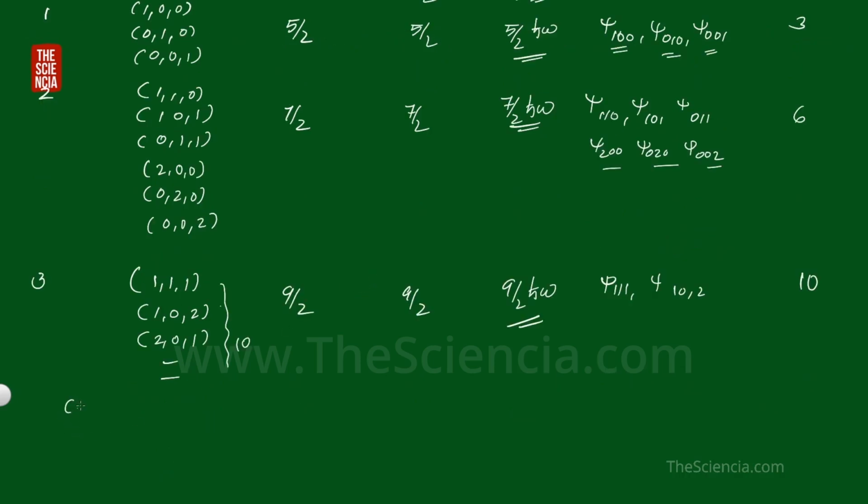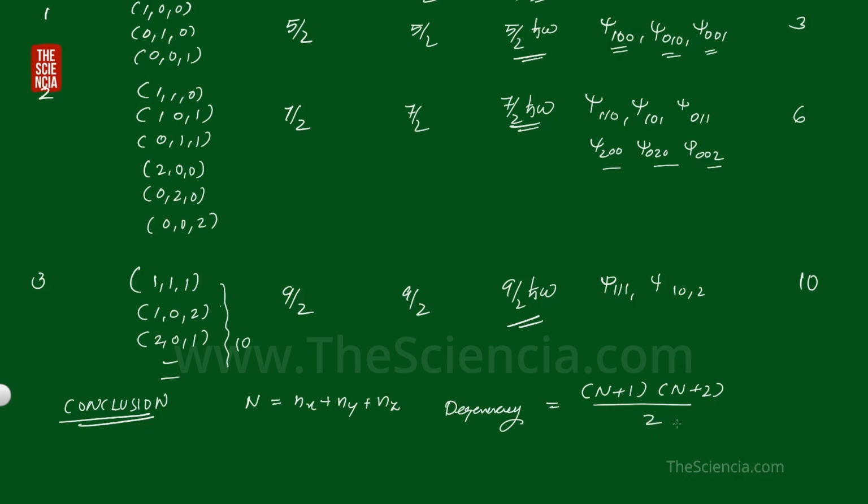So we can make a conclusion or general expression, that is, if n is equal to nx plus ny plus nz, then the degeneracy of 3D isotropic harmonic oscillator will be equal to (n plus 1)(n plus 2) by 2.